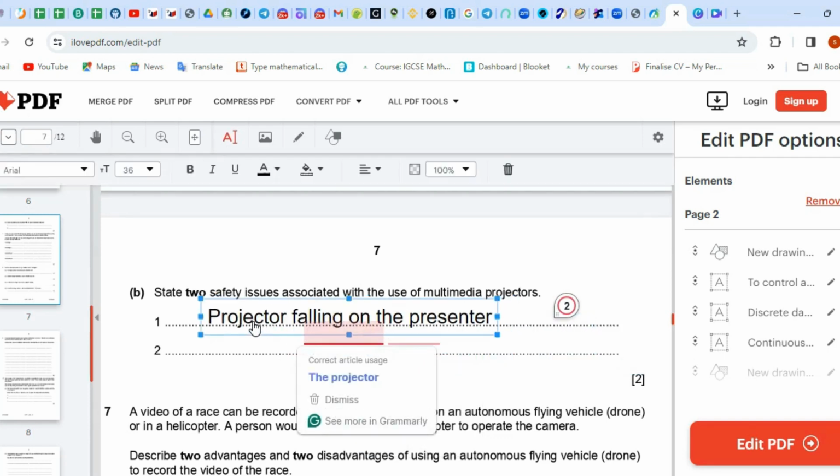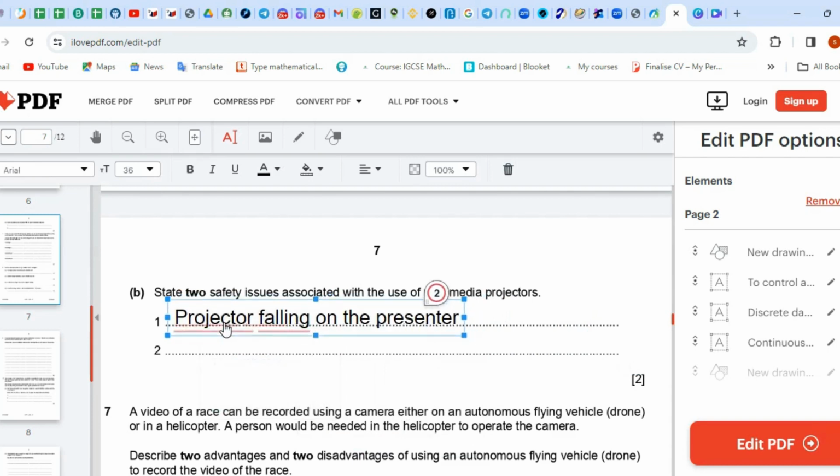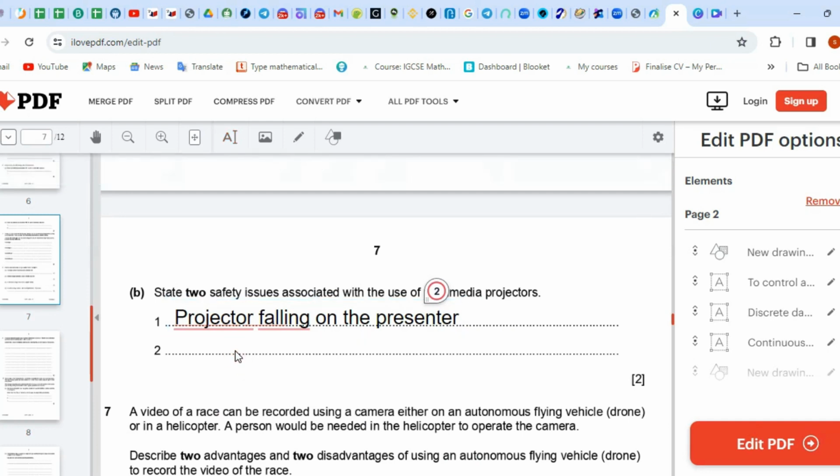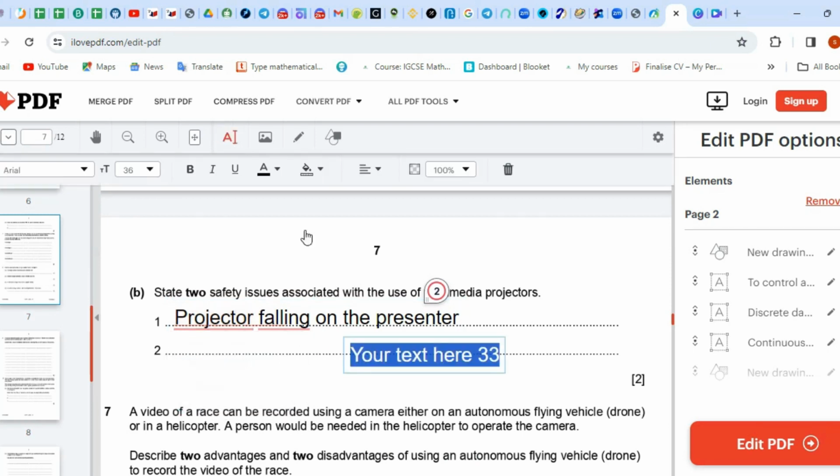Another one is what? Yes, correct. Tripping over trailing cables. You know, we have cables all around that we use to connect this to that, connect this one to that one. So some might accidentally trip on those cables.